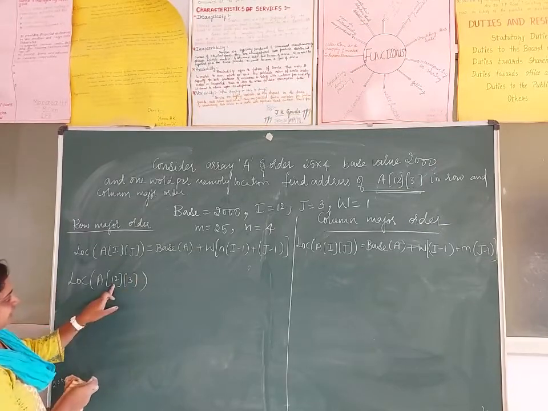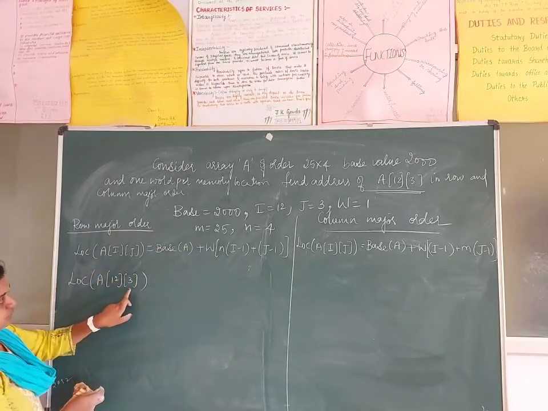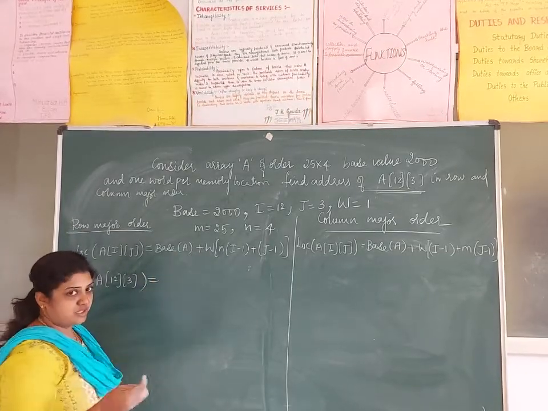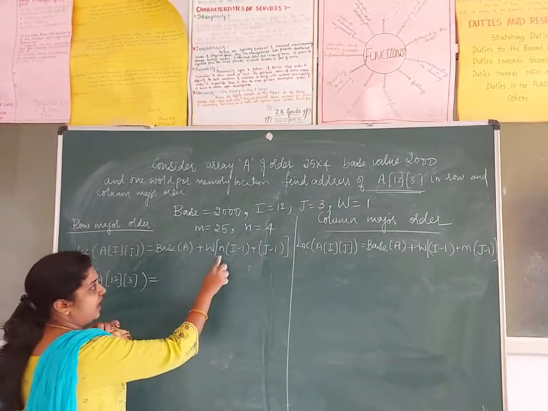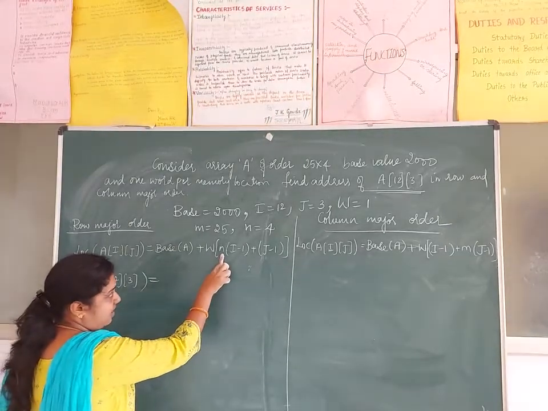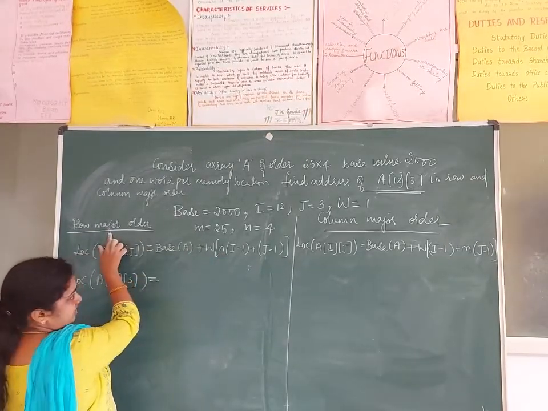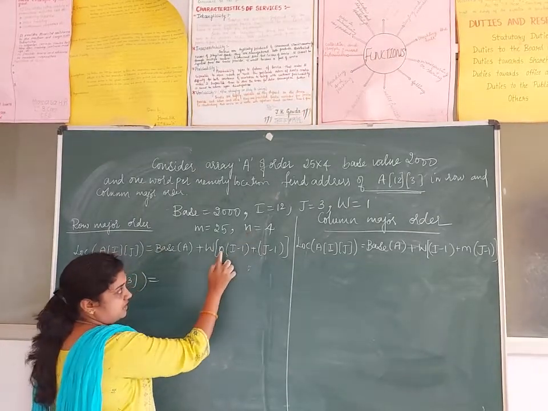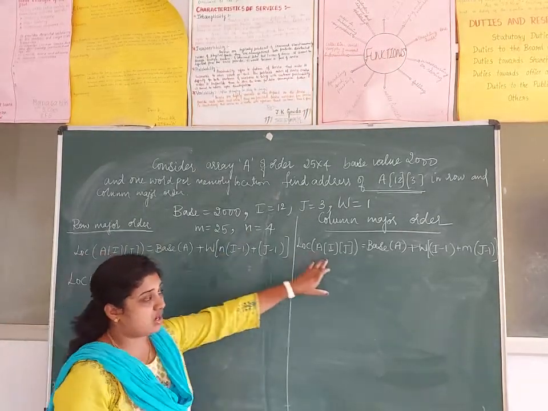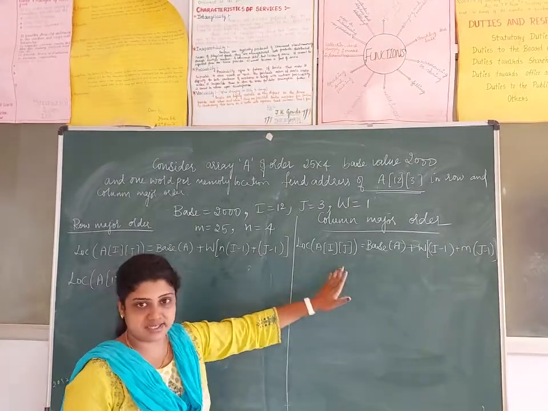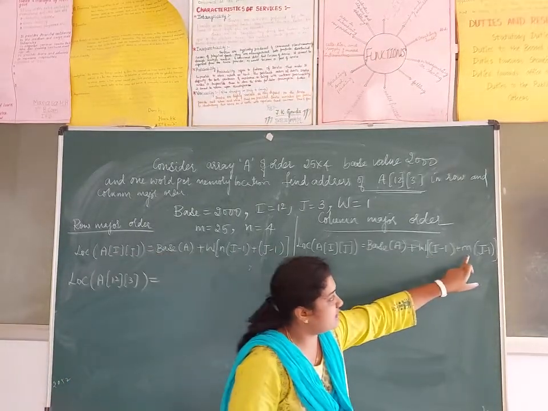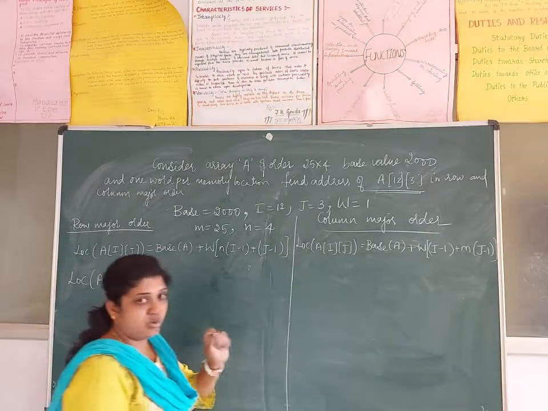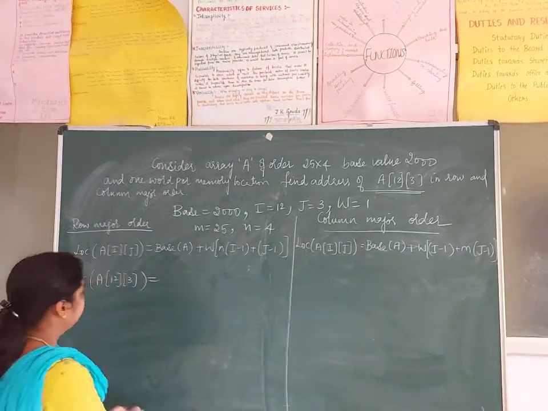Okay, i value is 12, j value is 3. The formula is base value plus the number of words in each memory cell, and in row major order you have to consider the column size, n. In column major order, everything is the same, but here you have to consider the row size. Only one minor change you have to make.